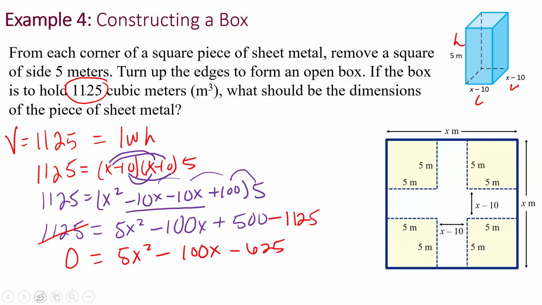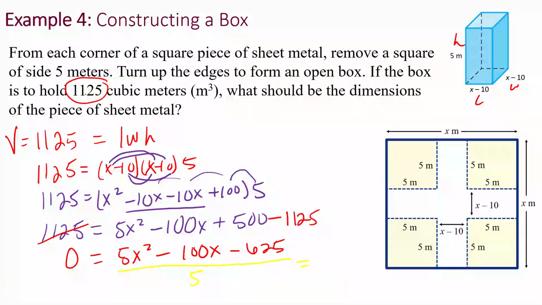Okay, you are here now. At this point, you could go straight into the quadratic formula if you don't mind working with large numbers. If you do not want to work with large numbers, you can divide out the GCF. What is our GCF? 5. I can divide everything by 5 and work with smaller numbers.